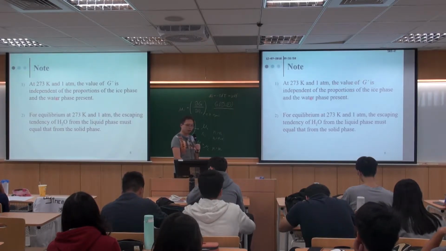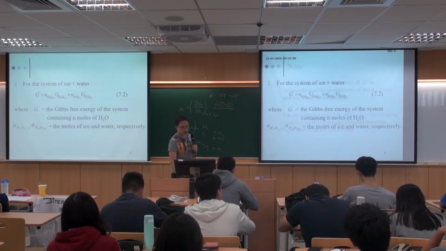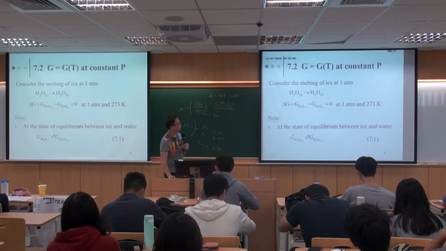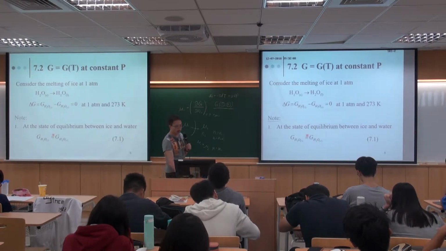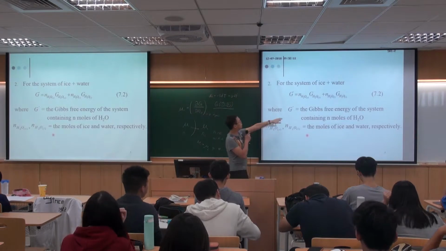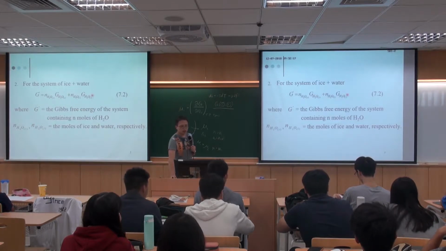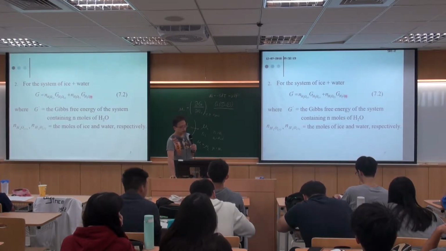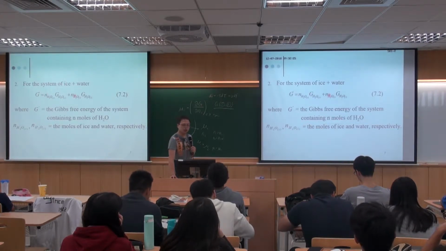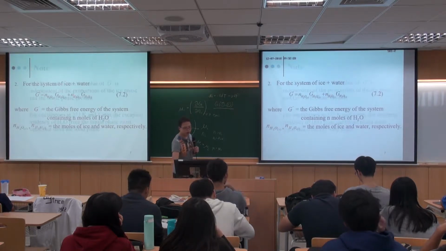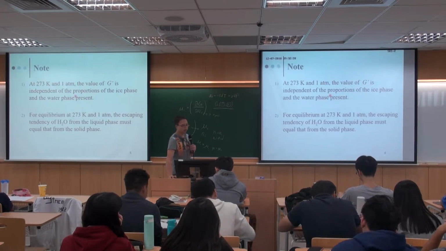This is like what I mentioned earlier, because from the equation we saw over here, the Gibbs free energy for the liquid phase and for the solid phase are the same. The solid and liquid phase Gibbs free energy should be the same number. And we know that when you add these up, this is a constant. So it means that G prime should be independent of the proportions of ice and water phase present.